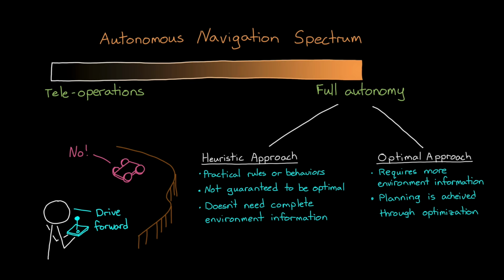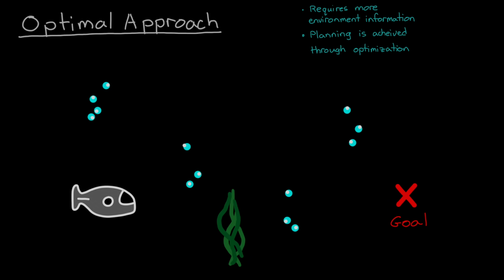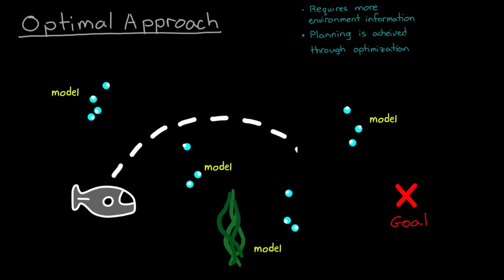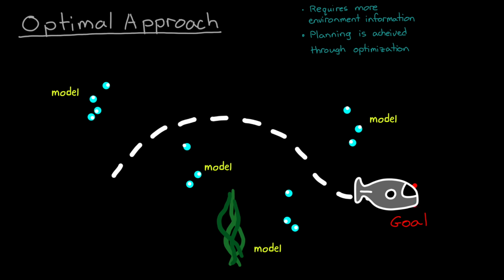So this brings us to the second type of fully autonomous vehicles, ones that are solving an optimization problem. In these systems, the vehicle builds a model of the environment, or it updates a model that was given to it, and then it figures out an optimal path to reach the goal. And there's lots of great practical examples of autonomous vehicles where optimal-based strategies produce a much better result than their heuristic-based counterparts.